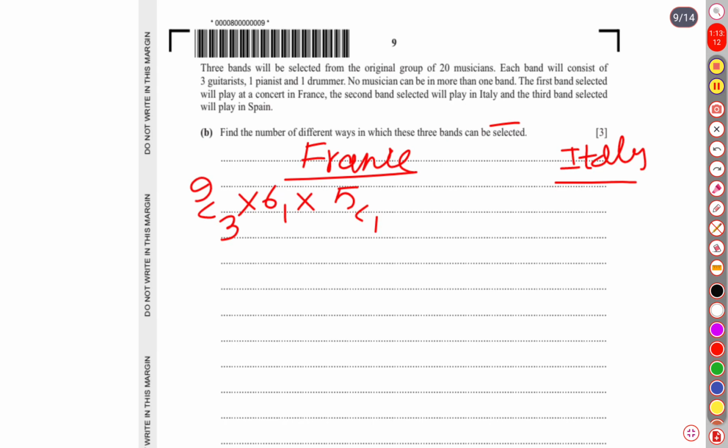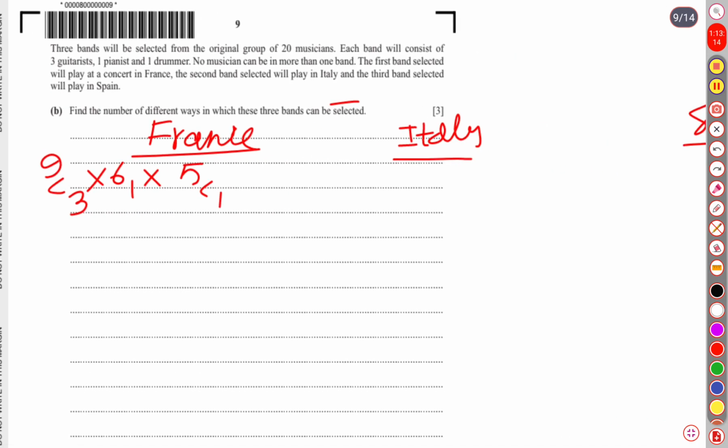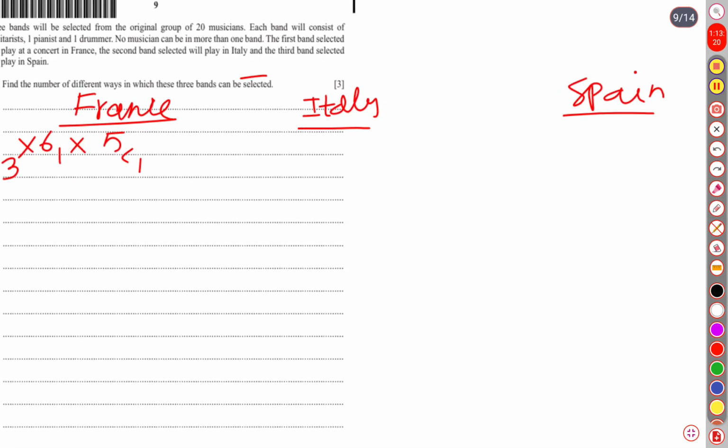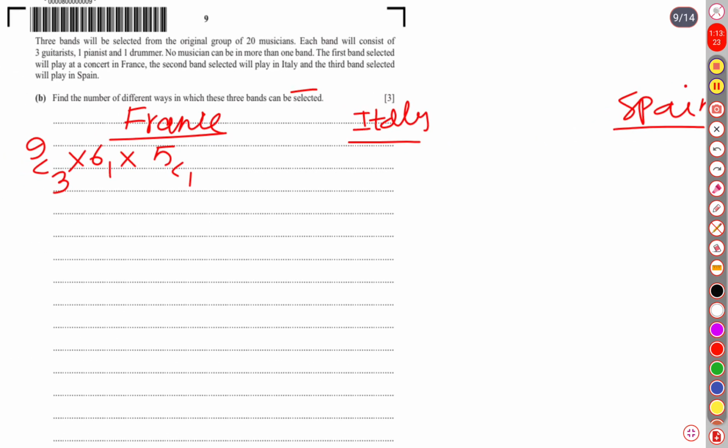And for the second team, it will be, out of 9 guitarists, how many of them have already been chosen? Already we have chosen 3, so there remains 6. So from 6 we are going to choose another 3.